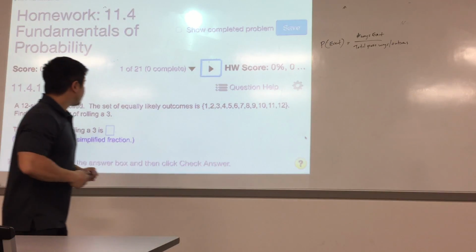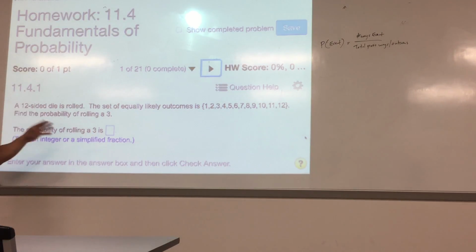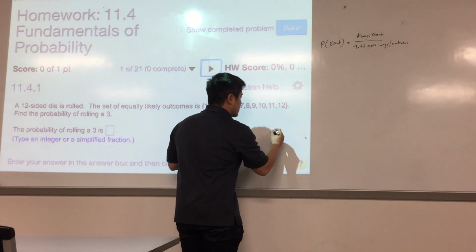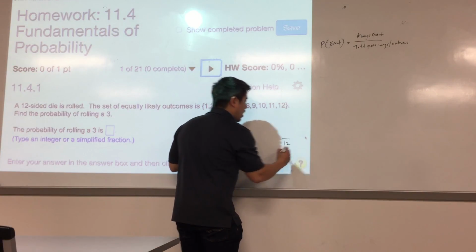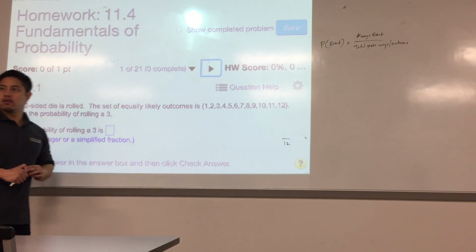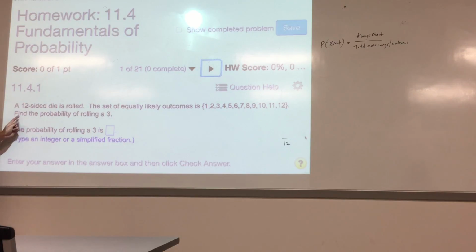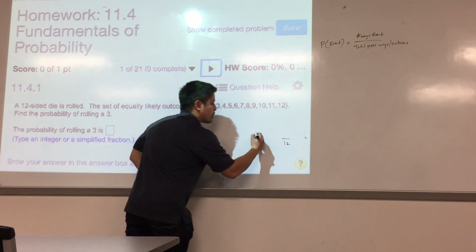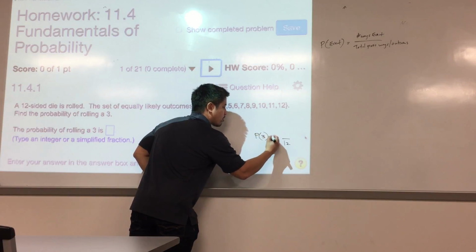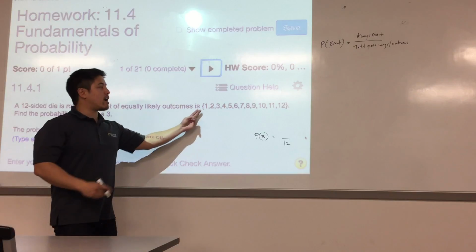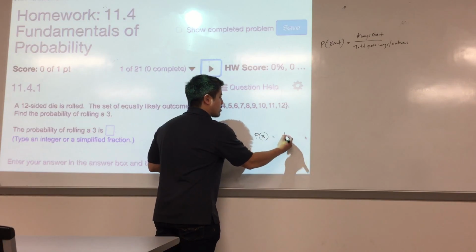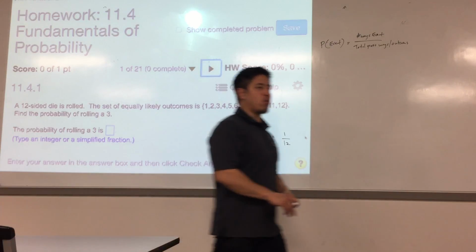Okay, so before we even start, we know that this is going to be out of 12. Everybody agree? Now, find the probability of rolling a 3. So the probability of getting a 3 is how many out of 12? 1. There's only one side that's a 3, so it's 1/12.